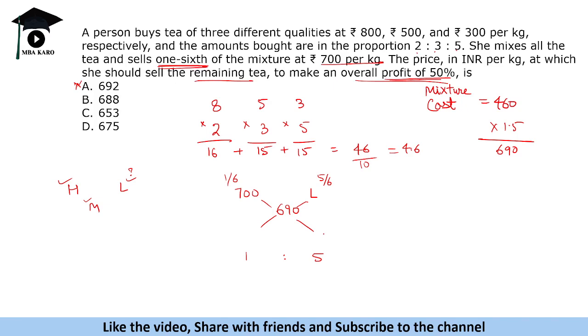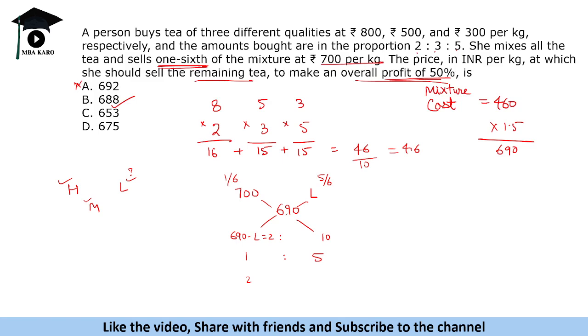So we subtract, we get 10, and this is 690 minus L. 690 minus L, this is 1:5. So this is 2:10. It should be 2 and 10. Okay, if you reduce it, this is 2 and this will be 10. So L will come as 688.